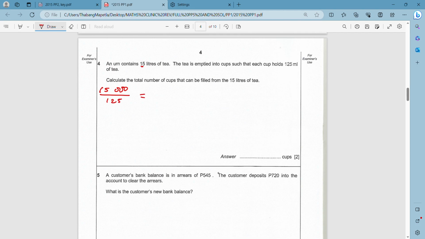So 125 into 1 it can't, into 15 it can't, 125 into 150 is going to get there once, remainder 25. I'm going to cancel that and have a 25 there. 125 into 25 it can't. 125 into 250 is going to get there how many times?